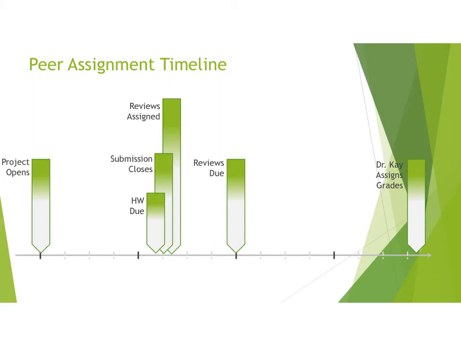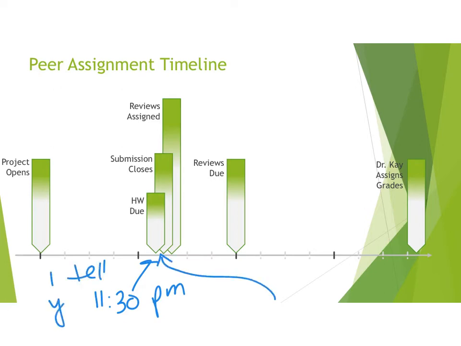on a given day. And the reason that homework due time is 11:30 p.m. is because of when the system closes, right? So I tell you 11:30 p.m. and I tell Blackboard 12 midnight.